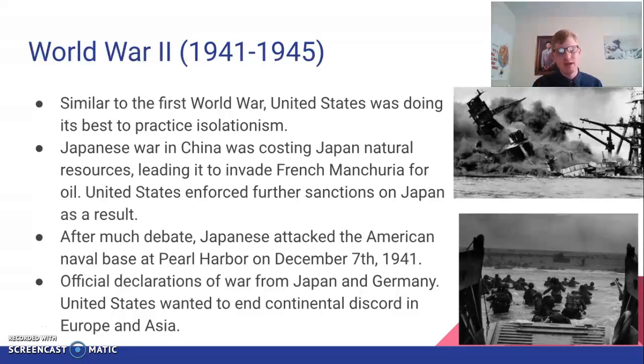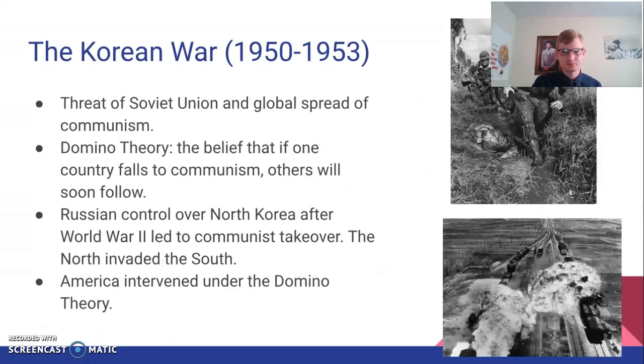Now, after much debate, that's all very complicated and complex, the Japanese decided to strike the sleeping giant while it was asleep, of course, and attack the American naval base at Pearl Harbor on December 7, 1941, in retaliation for these sanctions. Of course, there were official declarations of war that came from Japan and Germany, and the mission for the United States in World War II was to end continental discord in Europe and Asia.